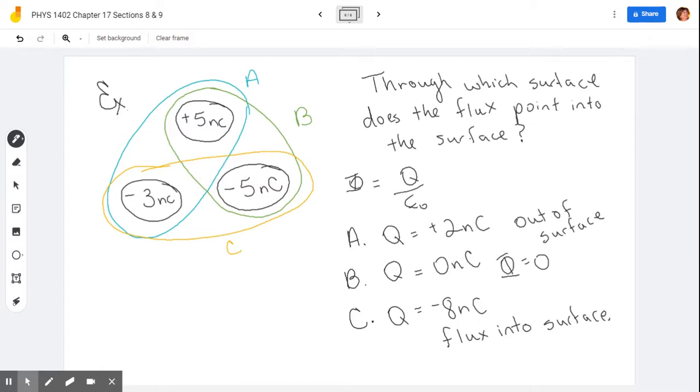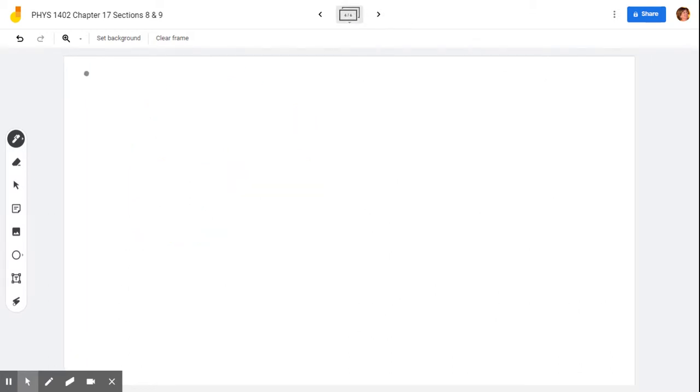All right, let's look at a way we can apply Gauss's law to determine some charges on some conductors. This is section 17.9, charges on conductors.